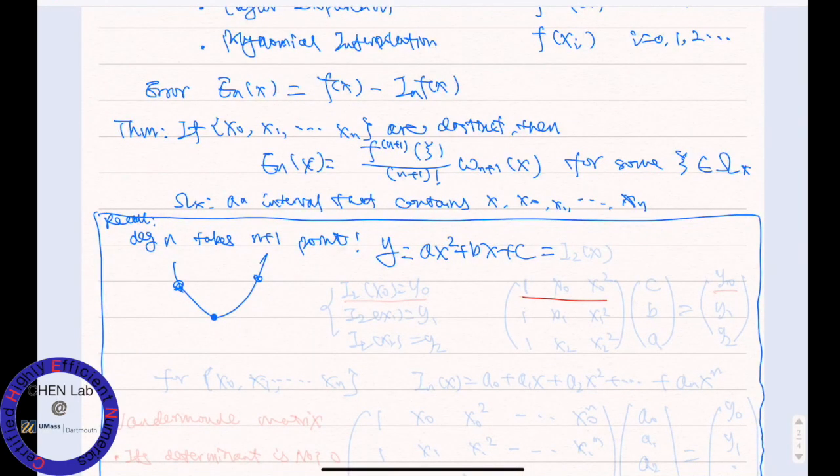So this is I2, I2(x), degree 2. For I2(x), you have 3 unknowns, A, B, C. And you could just set up that you want I2(x0) is y0, I2(x1) is y1, I2(x2) is y2.